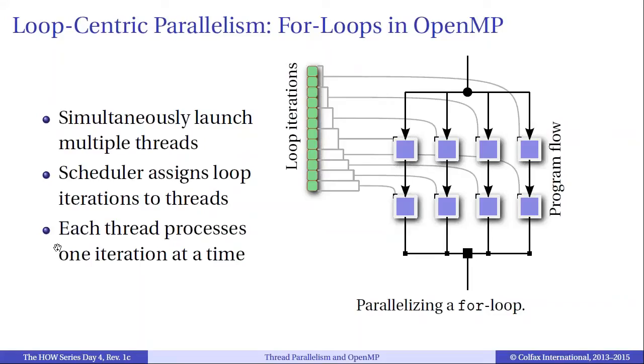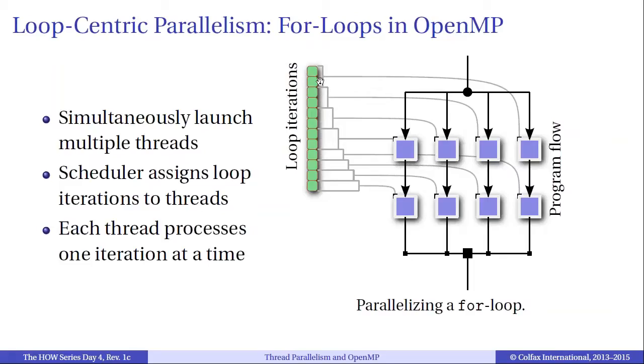This is one of the features of OpenMP that has support for commonly used features in parallel HPC programming. Another feature that OpenMP has that's common in HPC is support for parallel loops.